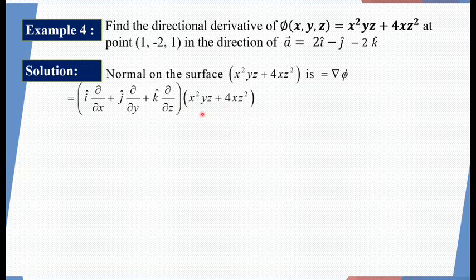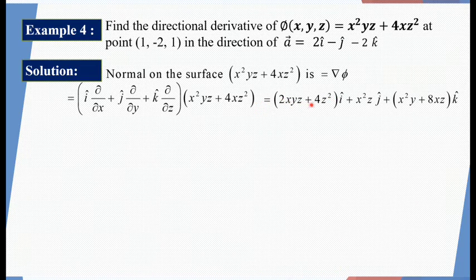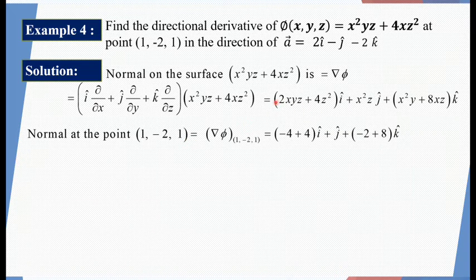So differentiating partially with respect to x, y and z, we get 2xyz plus 4z square i, plus x square z j, plus x square y plus 8xz k. But we have to find it at this particular point. So the normal at the point 1, minus 2, 1: when we put the values, 2 times 1 times minus 2 times 1 is minus 4, and 4 into 1 square is 4.